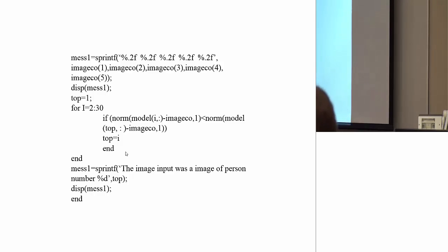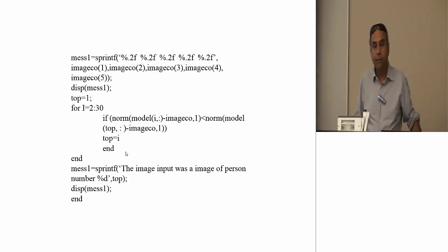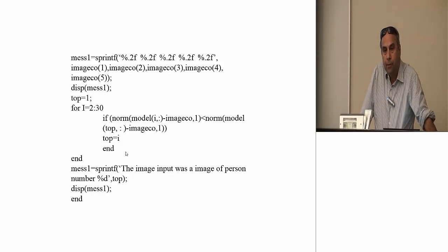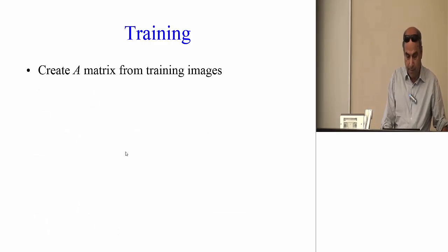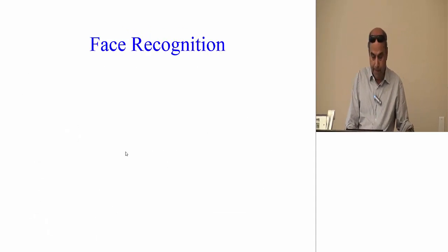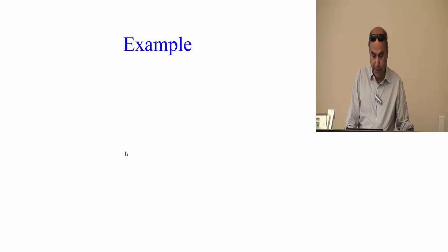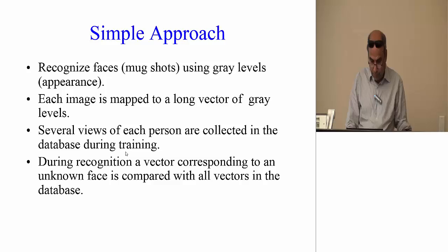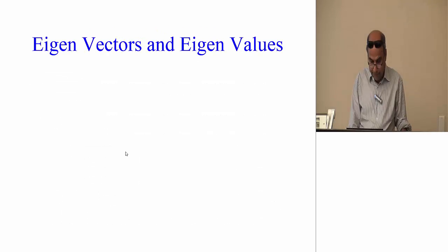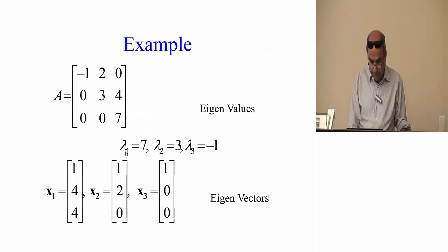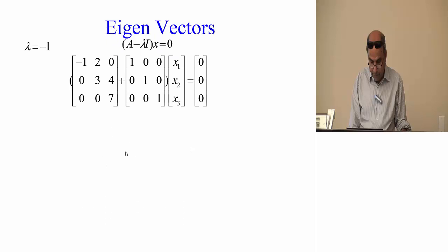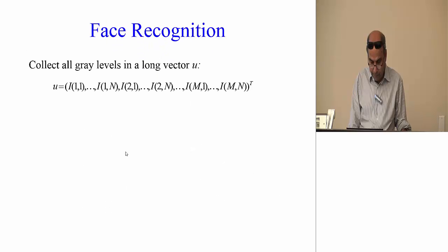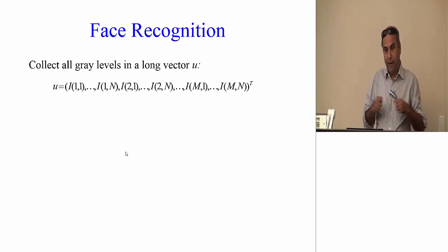Yes. How do you reconstruct an image from the eigenvectors? As we talked about in the beginning, what we are going to do is we have an image, we make a vector out of that.